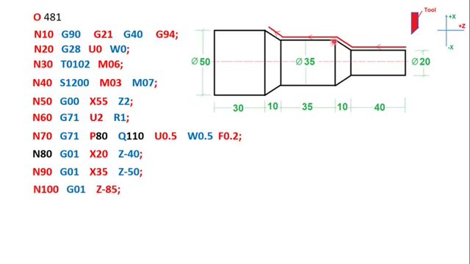Then I will move again, all are linear interpolation. From here 35, 85. Then I'm moving to this point. Like this the curve has finished. So P is the start of the contour. Where is the contour starting? At this block, 80, and it is ending at 110. So Q is 110. Fine.